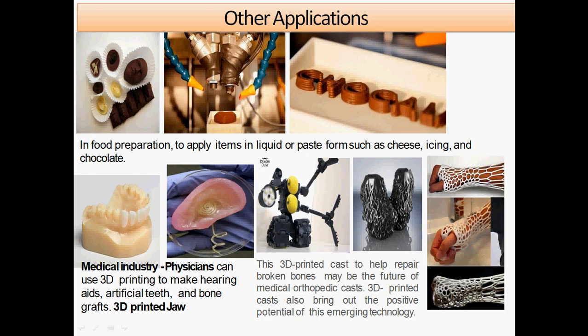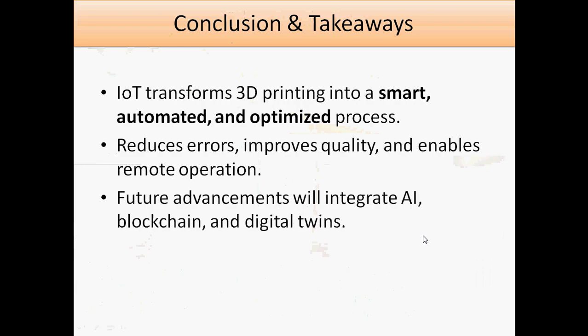Also, for broken bones we form medical orthopedic casts, which can be used for that. There are also rehabilitation devices, which are assistive, and we can form this type of device with 3D printing.